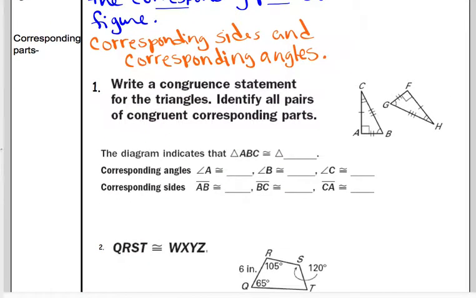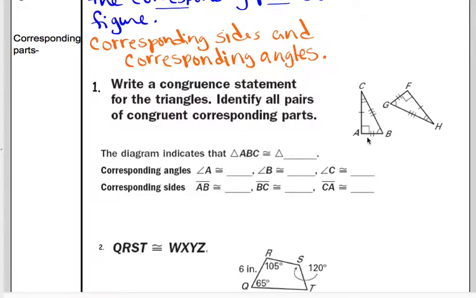So let's look at this here, which is talking about corresponding figures and naming the corresponding angles and naming the corresponding sides so we can get comfortable with that. Identifying the corresponding parts is going to be critical for understanding how to do any of the rest of the unit. So let's look in this picture, and it's all marked up.